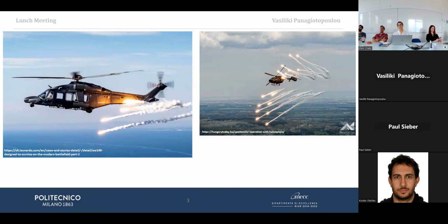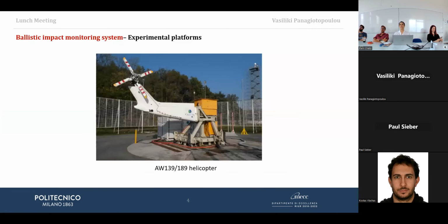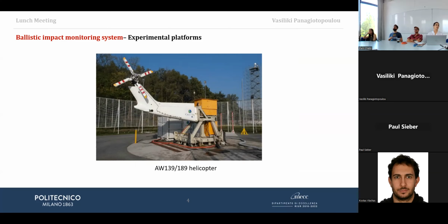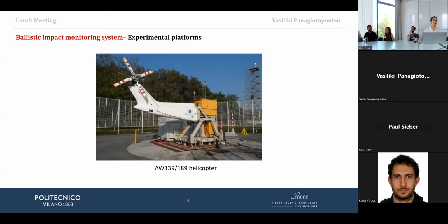The most realistic scenario would be this structure, which is located in Italy. It's an experimental full-scale test rig, and it's actually half of the helicopter, only the tail boom. From the whole transmission line of the helicopter, we have only the tail transmission system, which ends at the tail rotor, which is located up there.